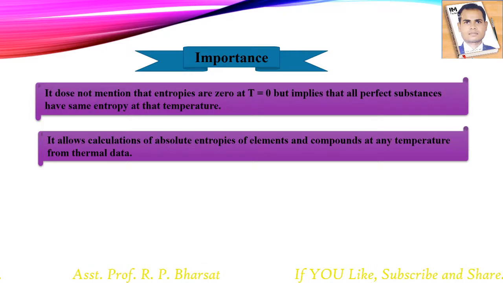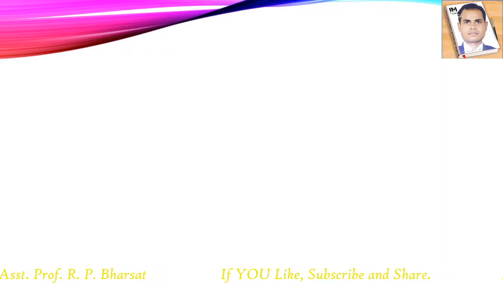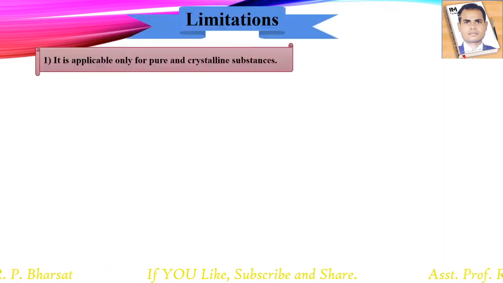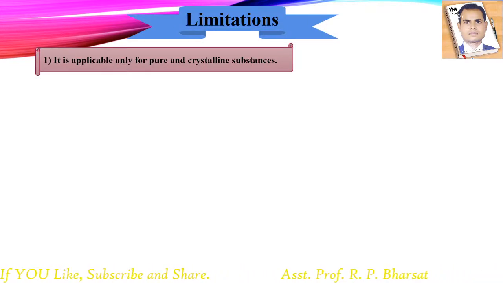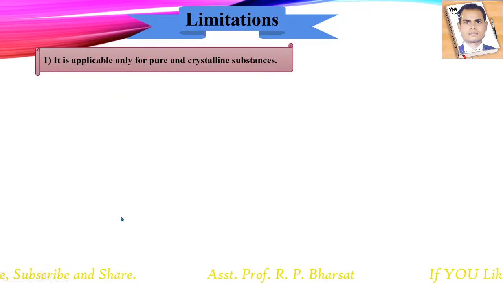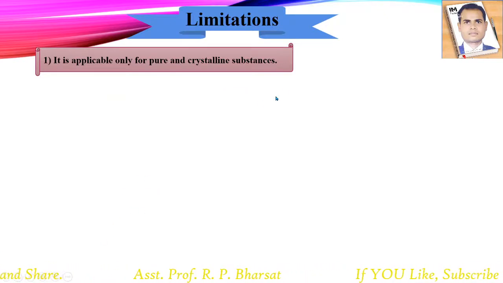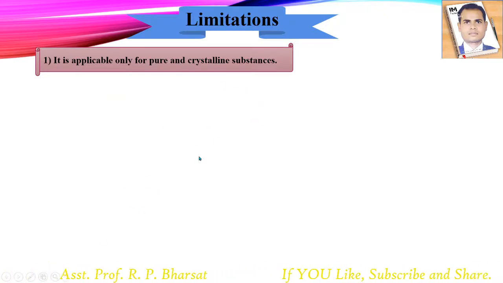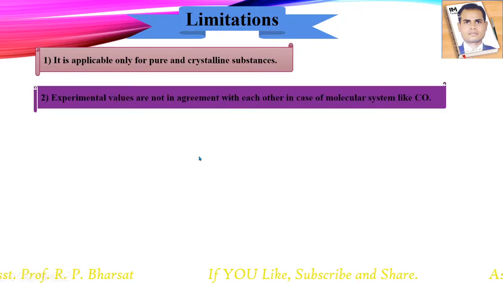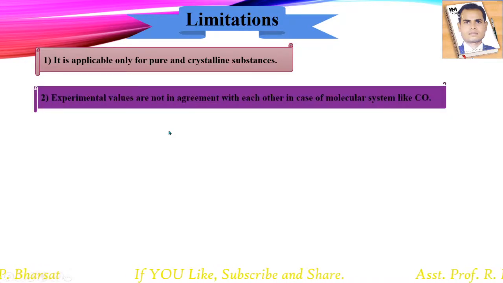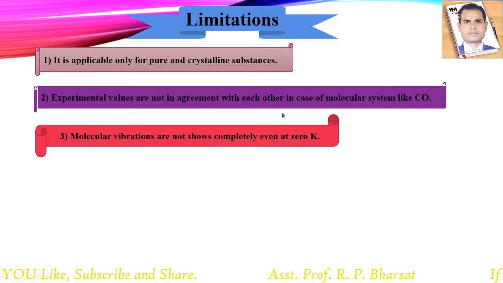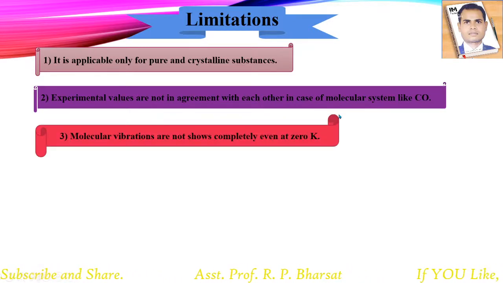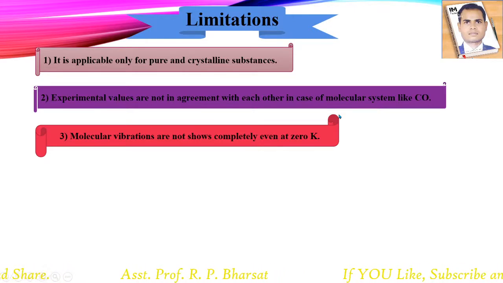Now, what are the limitations of the third law of thermodynamics? The first one is that it is applicable only for pure and crystalline substances. The second one is that experimental values are not in agreement with each other in the case of molecular systems like carbon monoxide.